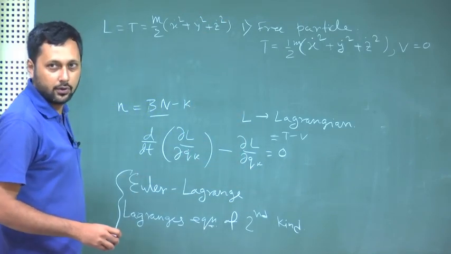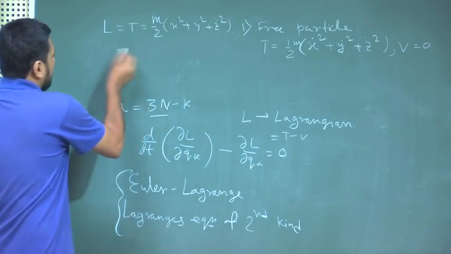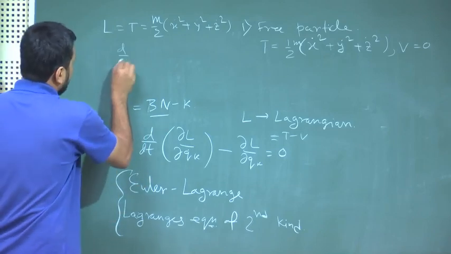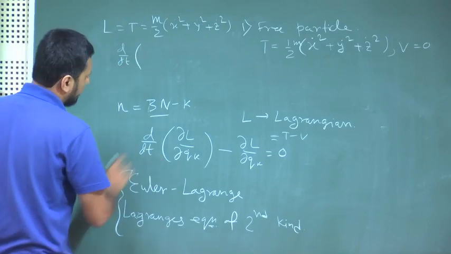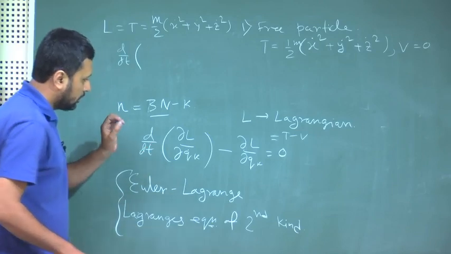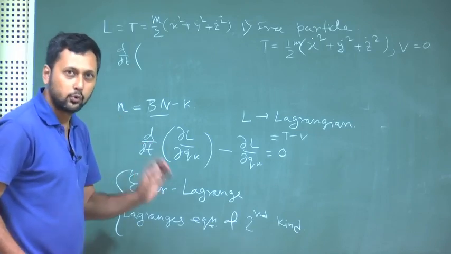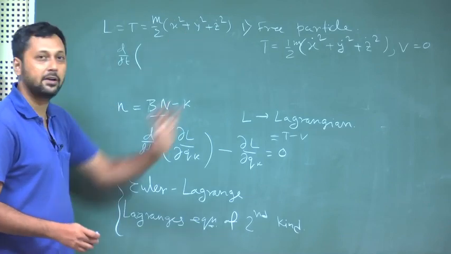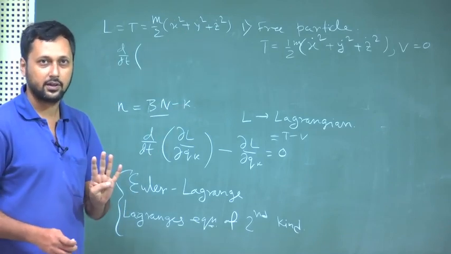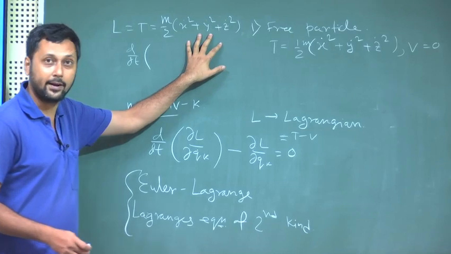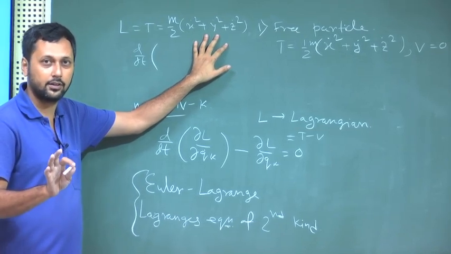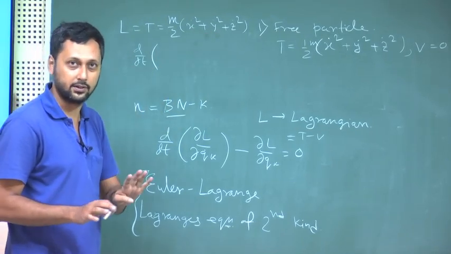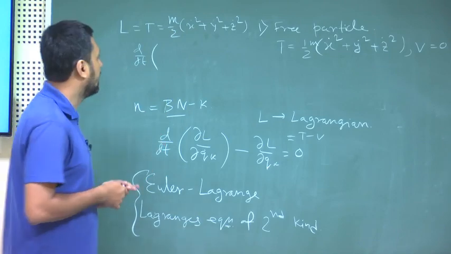Okay. So, your Lagrange equation will be d/dt of del L by del q_k dot. For each of these q_k's we have to write one equation. So, if there are 3 independent parameters, we need to have 3 equations. Now, in this case the 3 equations will be identical, that is not the issue, but we still have to write 3 equations to describe the system totally.